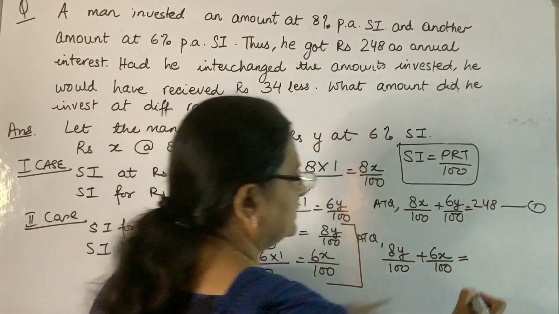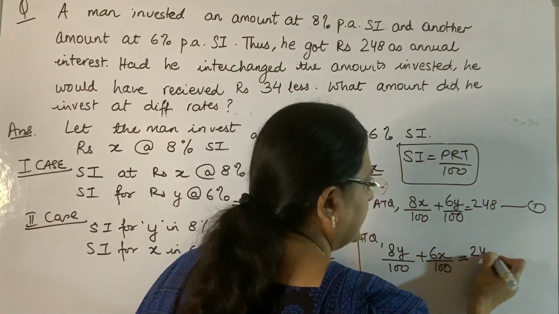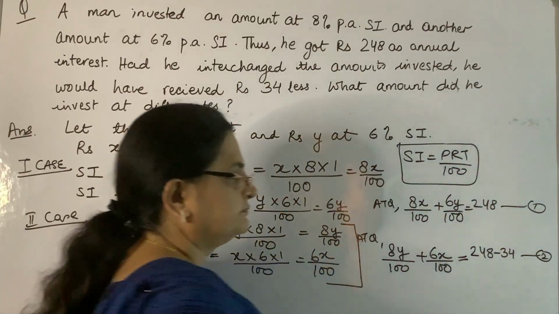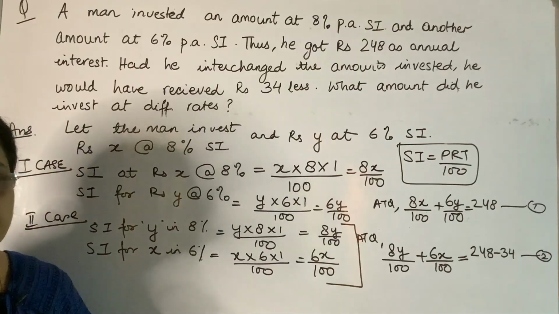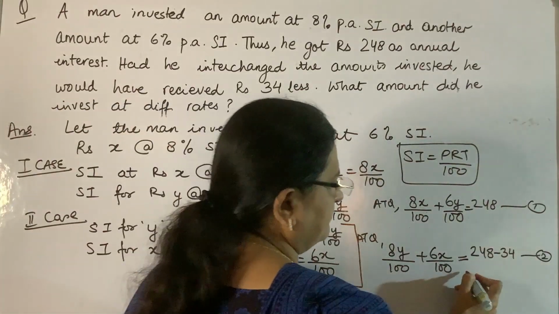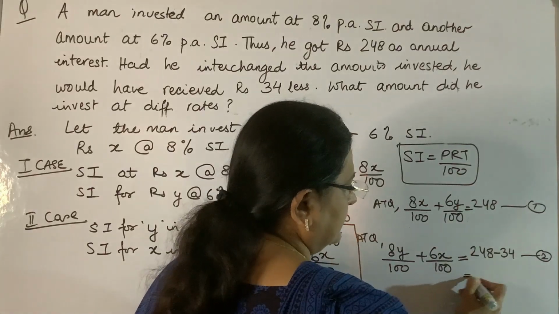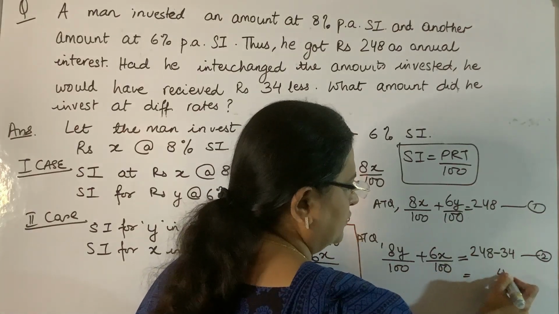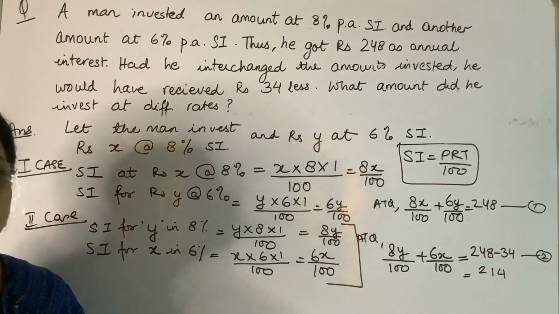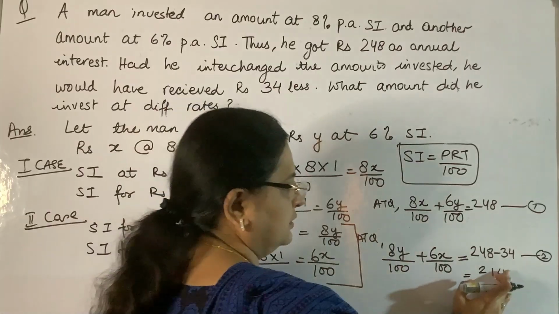So can I write 248 minus 34? If you subtract, this will be 214. Okay.